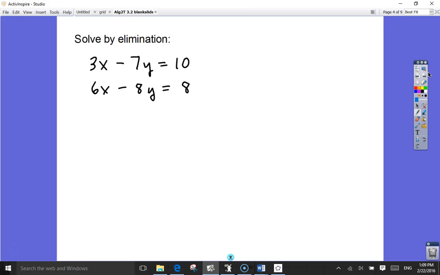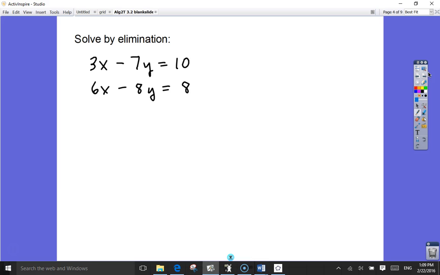So solve by elimination. Equations are in standard form, no problems there. The x terms are lined up, and the y terms are lined up, and the constant terms are lined up. If I were to add or subtract these equations right now, would it eliminate a variable? Is 3x plus 6x or 3x minus 6x going to cancel anything?